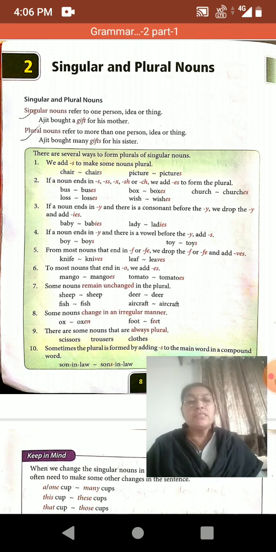When we change singular nouns in a sentence into their plural forms, we often need to make some other changes in the sentence. One cup, many cups. This cup, these cups.